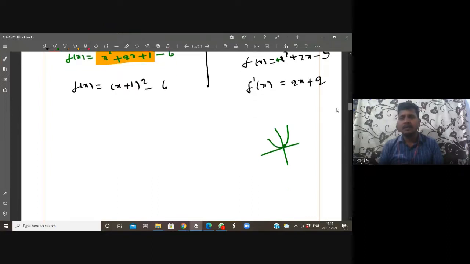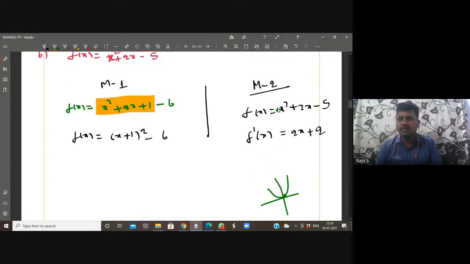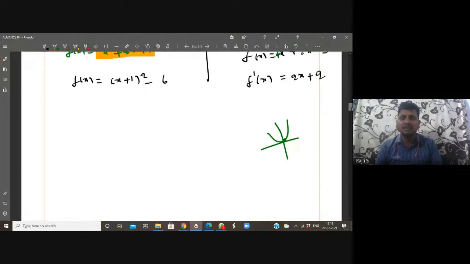Right now, what shall we do here? We'll take f dash of x greater than or equal to 0 or lesser than or equal to 0. Students, what is the x square coefficient here? It is positive, nothing but it is always increasing. Increasing means f dash of x is greater than or equal to 0.